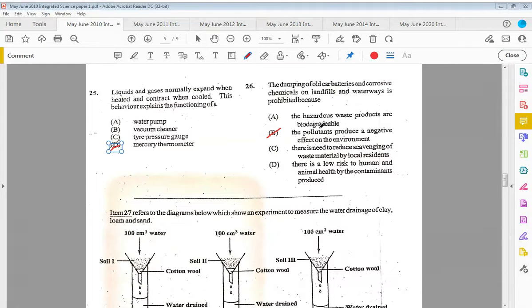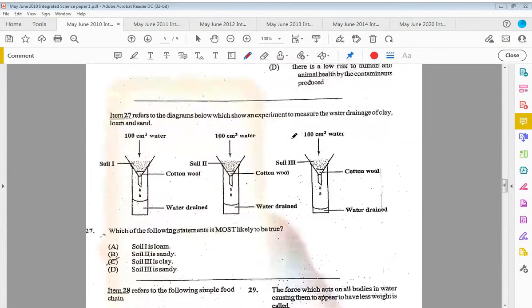That is not true. C, there's a need to reduce scavenging of waste materials by local residents. That has nothing to do with why it's prohibited. And D, there's a low risk to human and animal health by the contaminants produced. This is not true. So B is the answer.